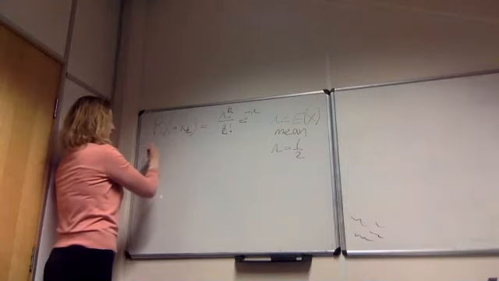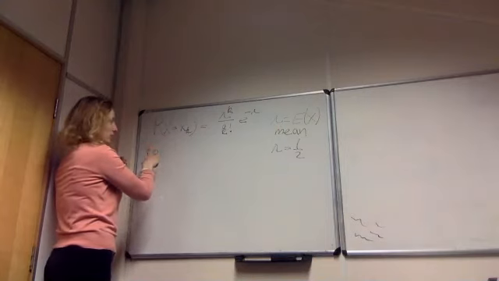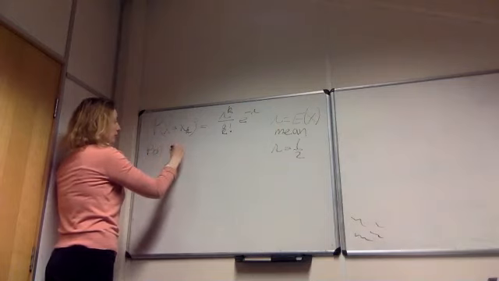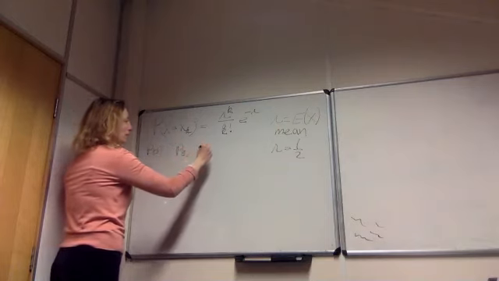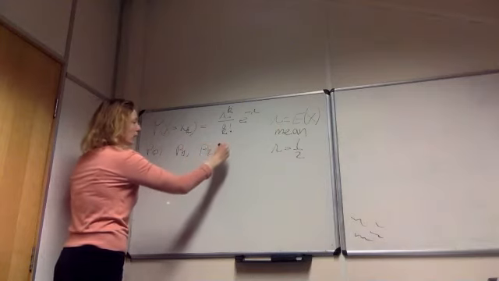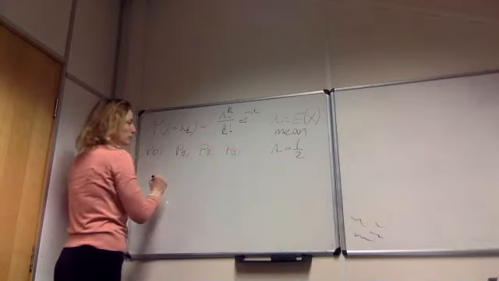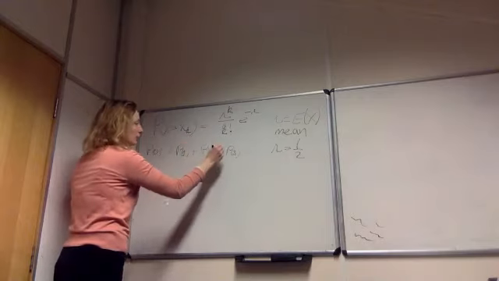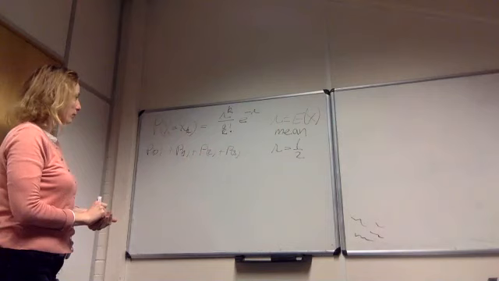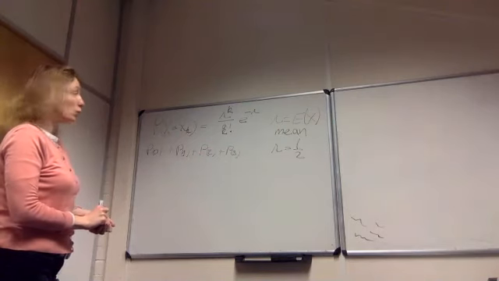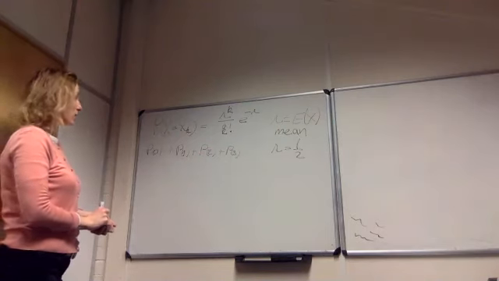So we need to calculate the probability that 0 televisions are sold. Then we have to calculate the probability that 1 television is sold, the probability that 2 televisions are sold, and the probability that 3 televisions are sold, and we have to add these probabilities. So how do we calculate this?